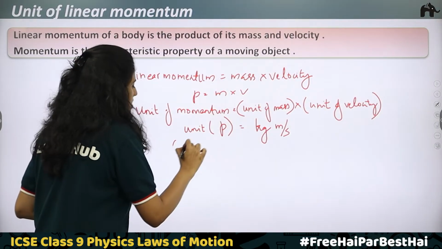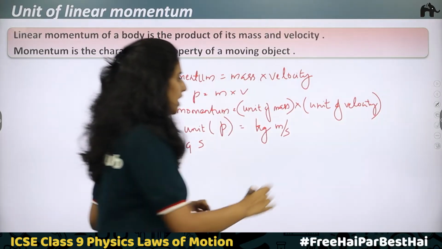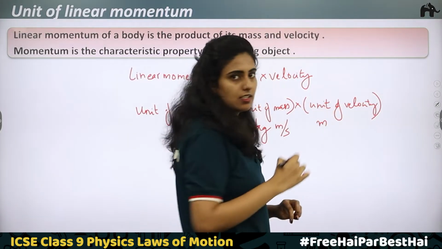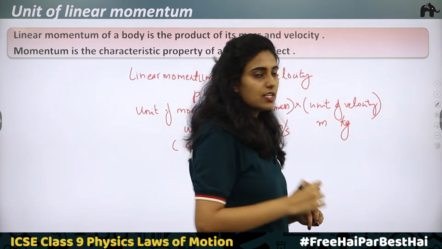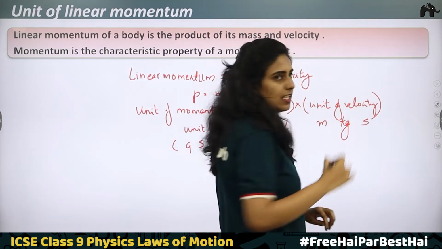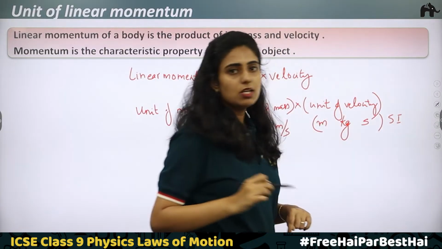What about the CGS unit? In case of SI units, you take length in meters, mass in kilogram and time in seconds. Now what about CGS units?